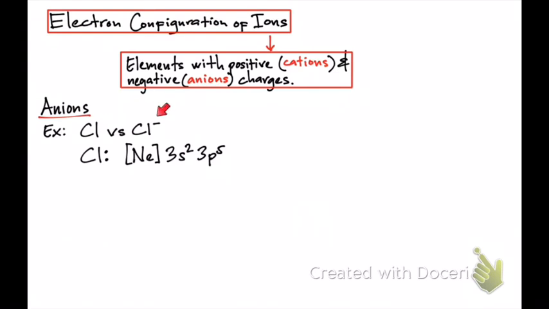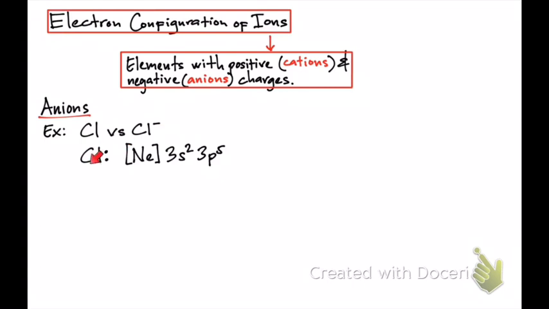How many electrons does chlorine have? It has 17 electrons, right? A neutral chlorine atom has a total of 17 electrons. Now, if you have a chloride ion, it means you have one extra electron. So 17 plus 1 is 18. That means a chloride ion should have a total of 18 electrons.